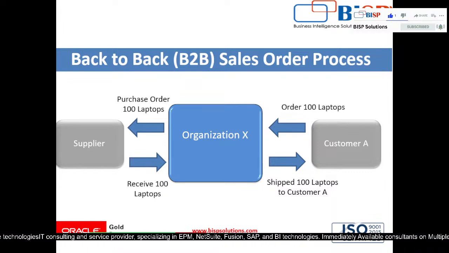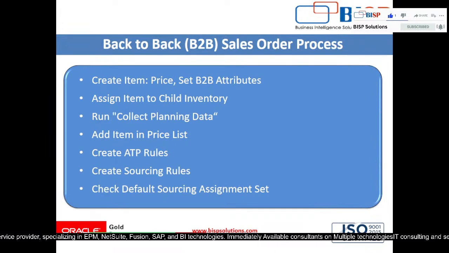So what are the basic requirements and basic setups for this B2B sales order in our organization? Let's see. Suppose we don't have any item, so you create the item. If you have an item, you set the price.